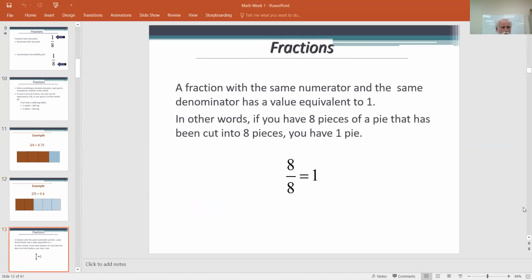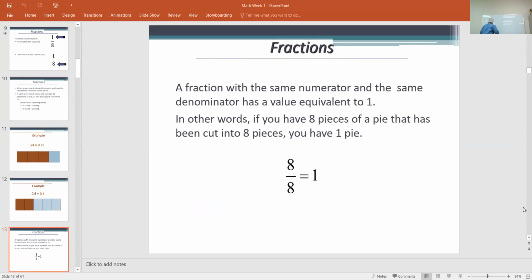We're going to talk about fractions first. By definition, a fraction is a part of a whole, the whole being represented by the denominator and the part being represented by the numerator.